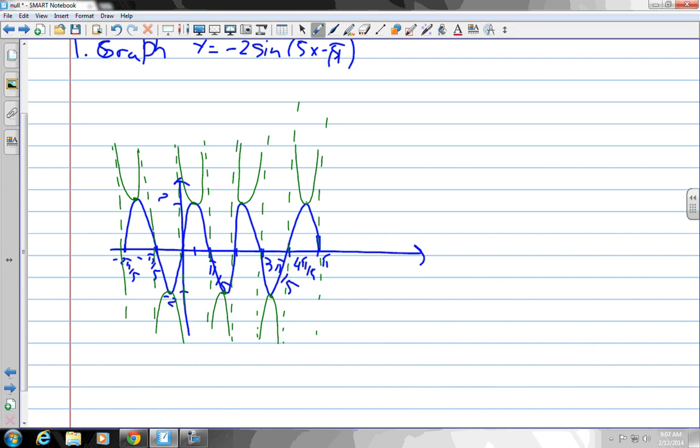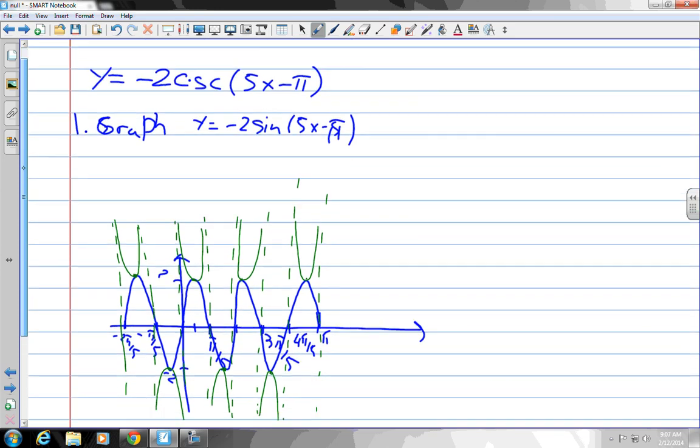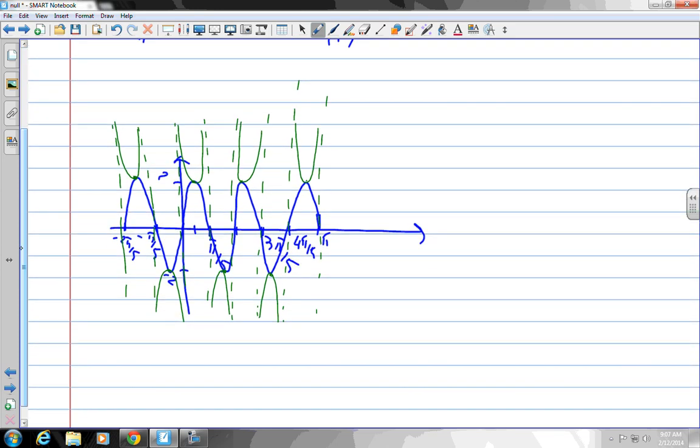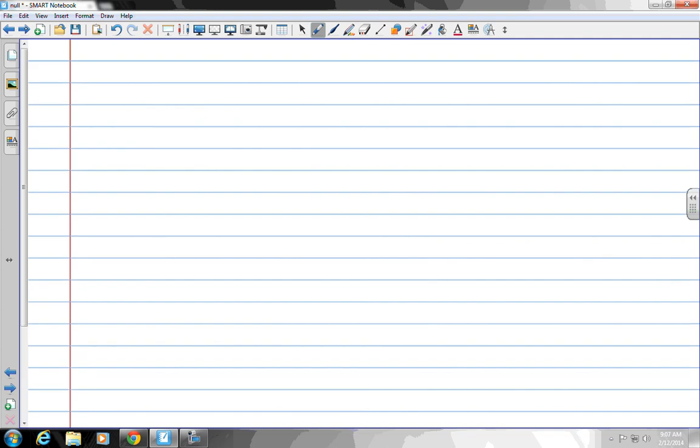Now, at the end of this section, the book goes into graphical addition, just very briefly. It's not that important, because if you ever need to graph functions of this complexity, you're probably going to use some kind of graphing tool.